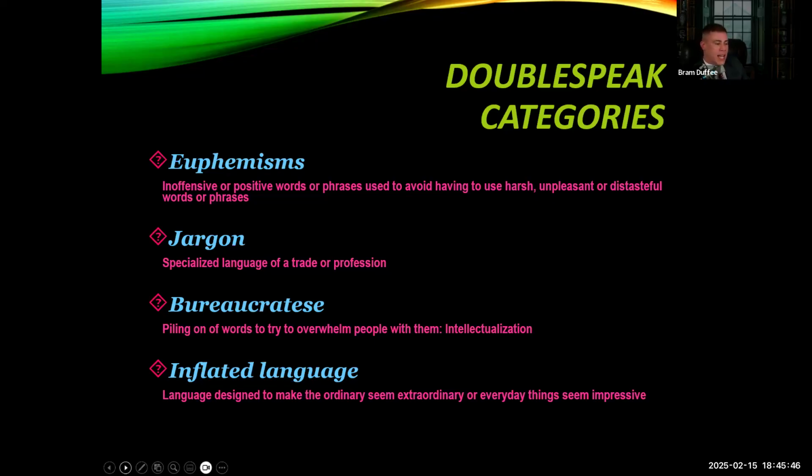So, why does that matter? Well, doublespeak draws a fine line between creativity and manipulation, and it can finesse a message. We can also be distorting the message and making it harder to communicate.